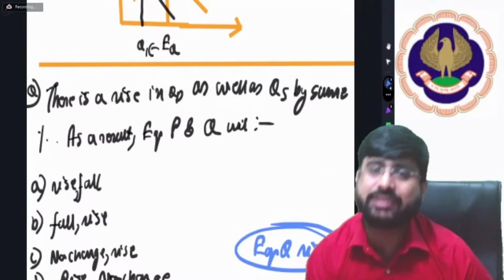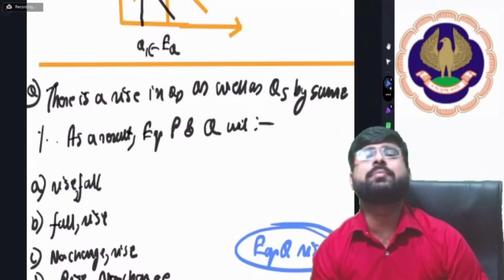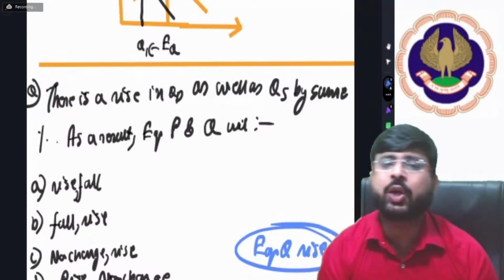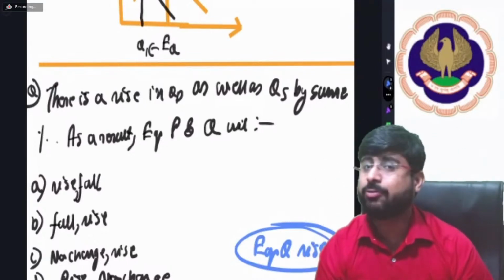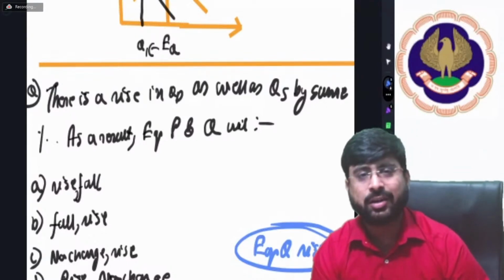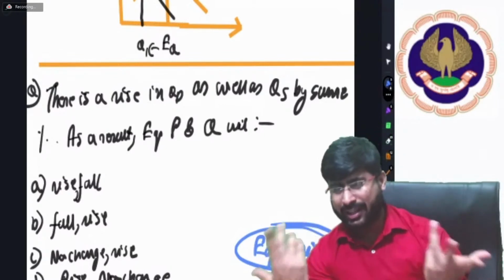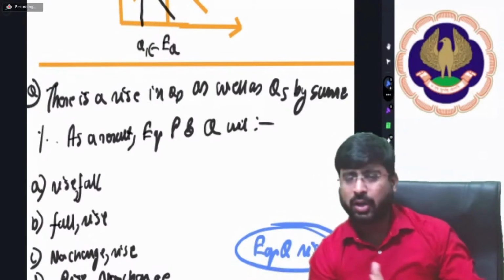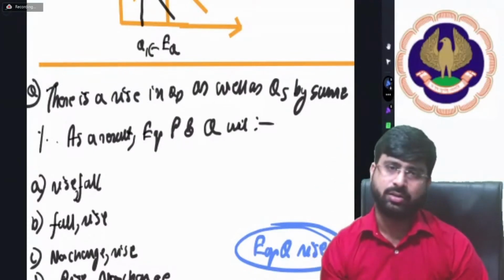Remember, equilibrium price rises or falls only when there is excess demand or excess supply. Here, is there any excess demand or excess supply taking place? No, sir, because you told that they are changing by the same percentage.